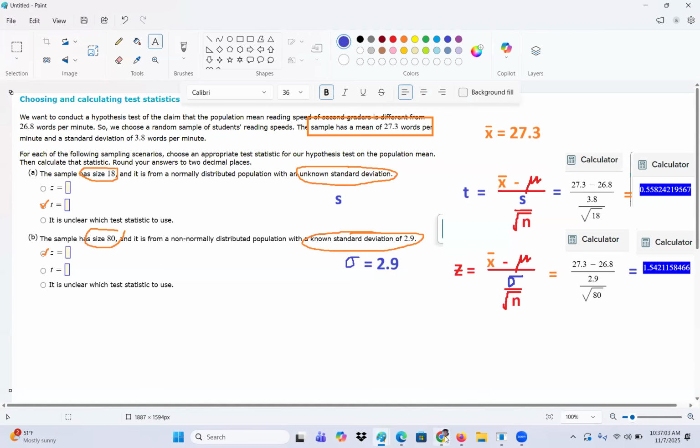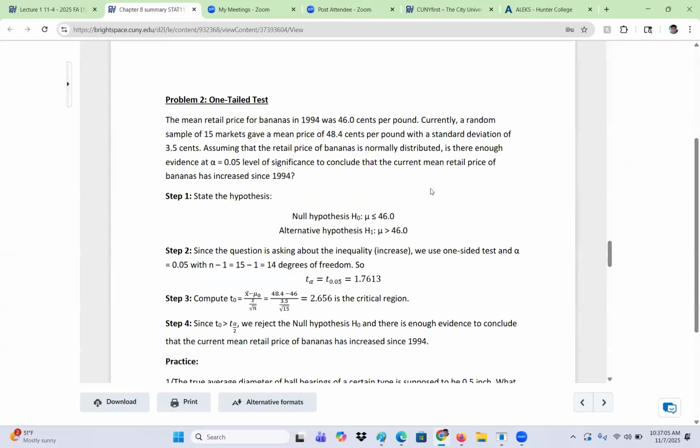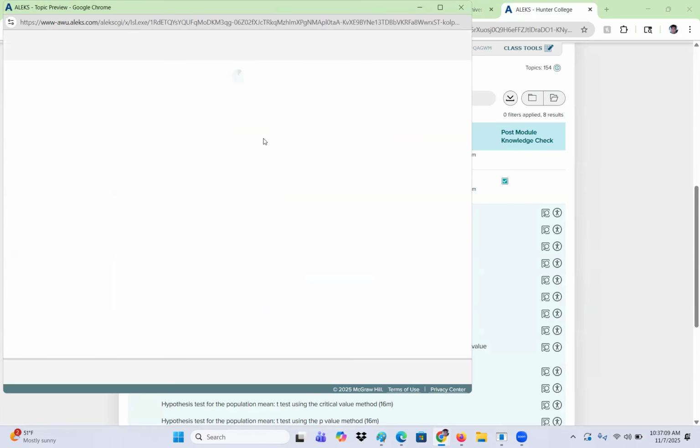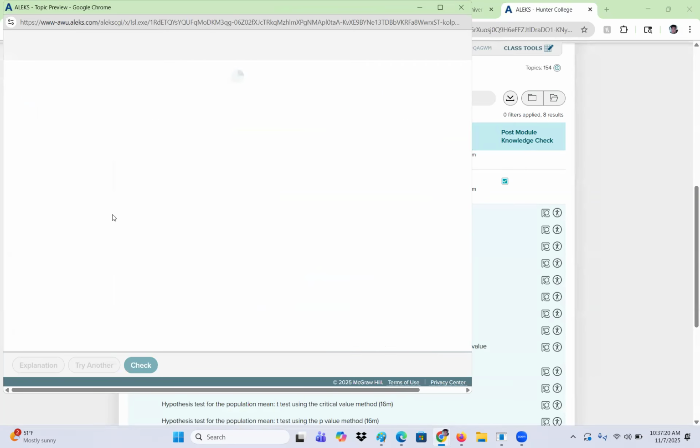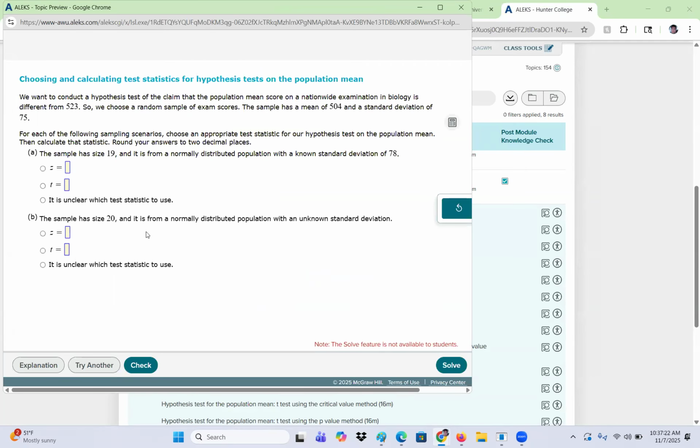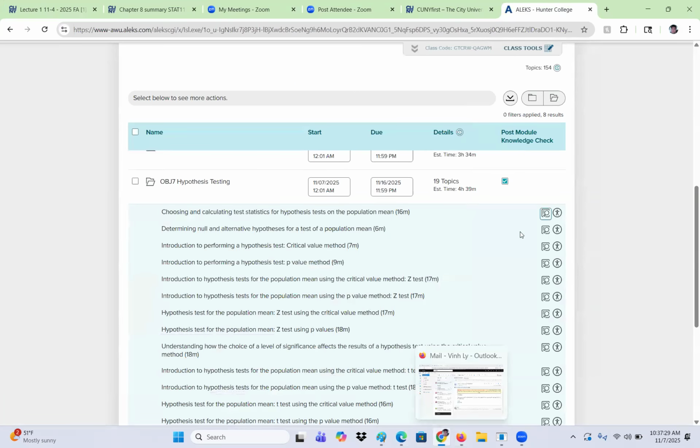Okay, something like that. All right. It's the normal curve for z score, and this one for t. I'm trying to think of something that may be unclear for the question, but I don't think so. All right, let me just move on to the next example.